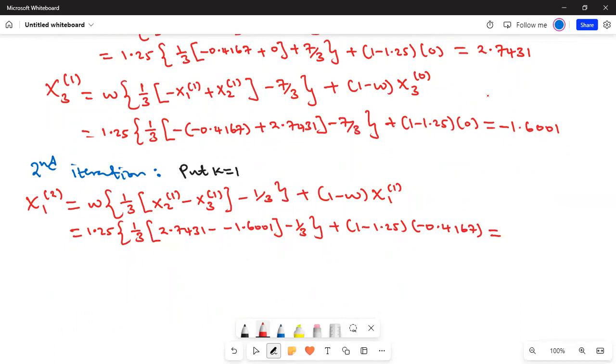When you press this in your calculator, you get x1 at level 2 to be 1.4972.